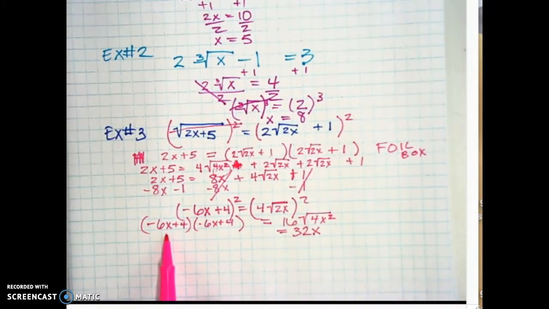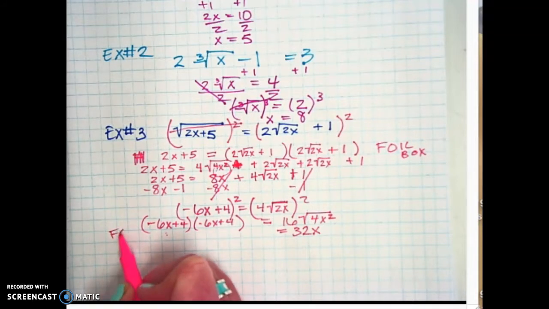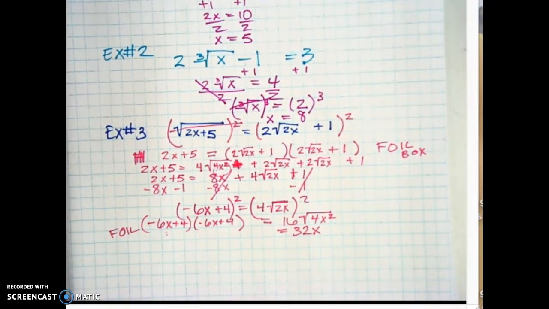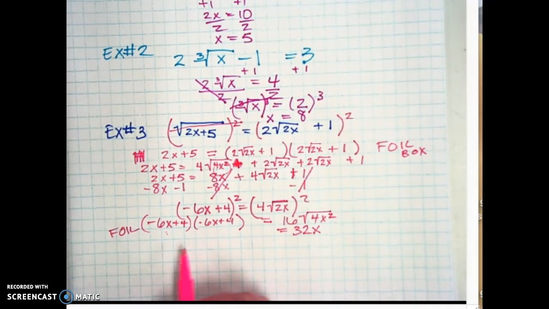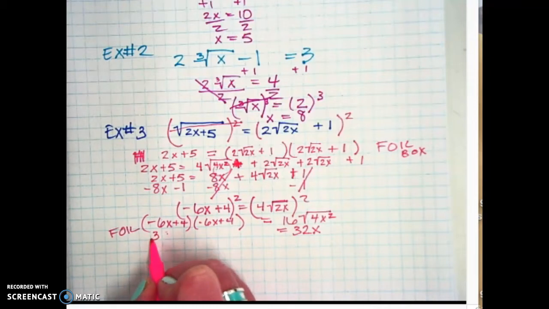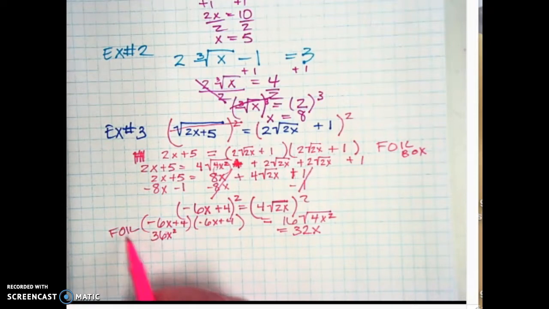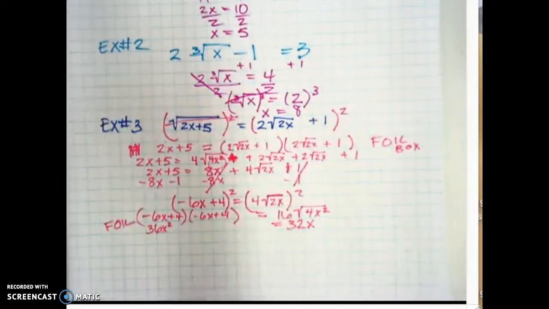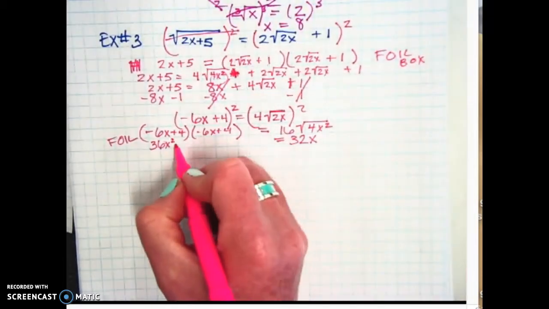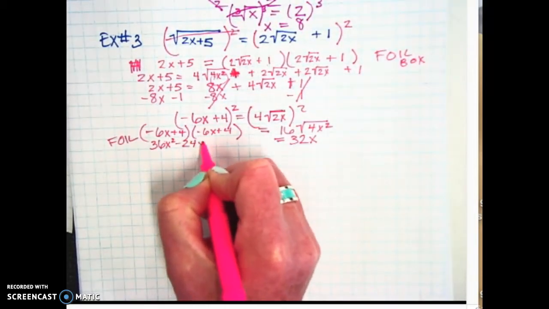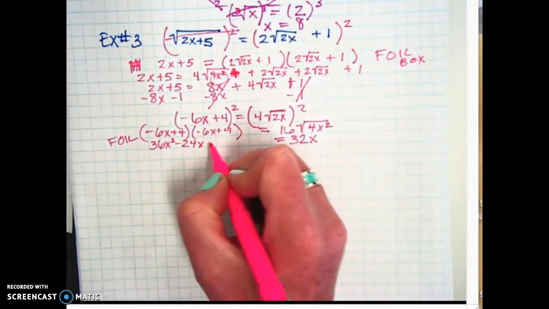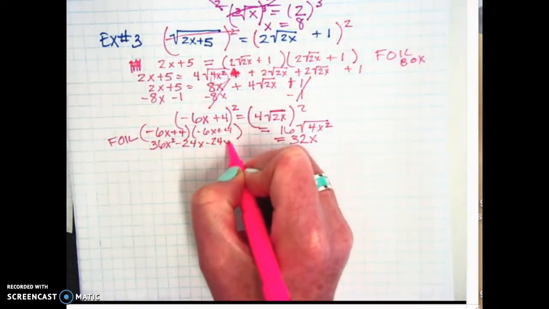And then on the left over here, we need to FOIL. So this is our second time foiling in this one problem, right? Okay. So F is for first. Negative 6x times negative 6x is going to be positive 36x squared. O is for outside. So we've got negative 6x times 4, which is a negative 24x. And then inside is the same thing, another negative 24x.